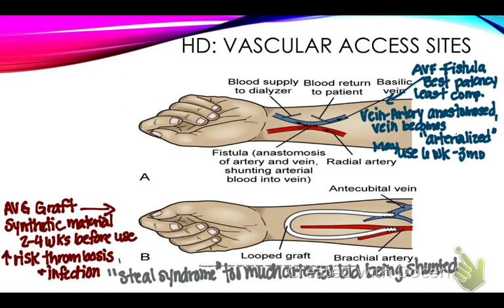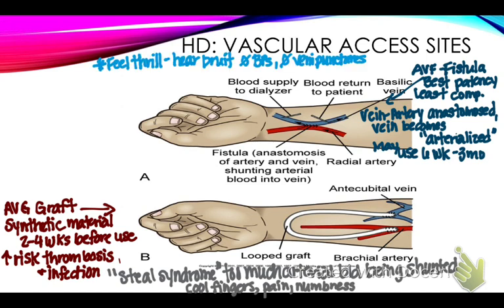Aneurysms can develop, and this is a problem, because as it becomes bigger with the AV access, arterial venous access, an aneurysm can occur. So that's another problem that can occur with your access devices.